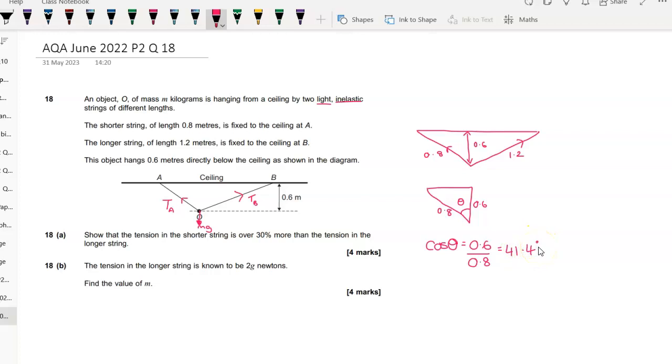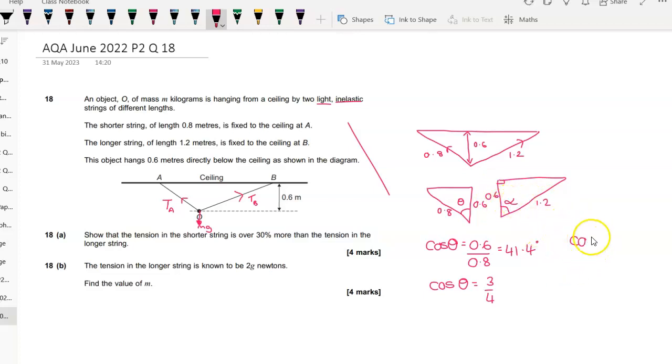Or actually, 0.6 divided by 0.8 gives us 3/4. Actually, we might need to leave that as 3/4. Well, we'll see. We'll keep it like that. Okay, and we can also call this angle here. If we draw another right-angle triangle for the other side, that side's 0.6, that side's 1.2, and I'm after this angle here that I'm going to call alpha.